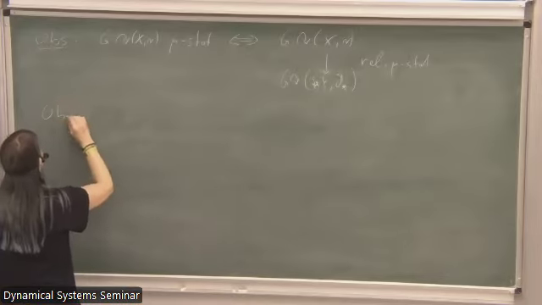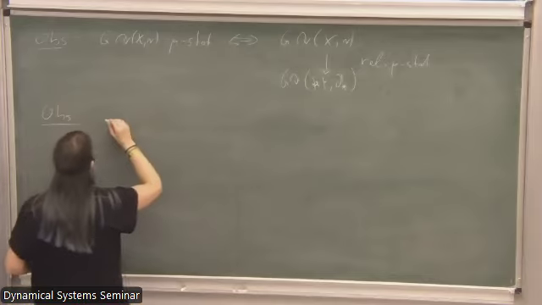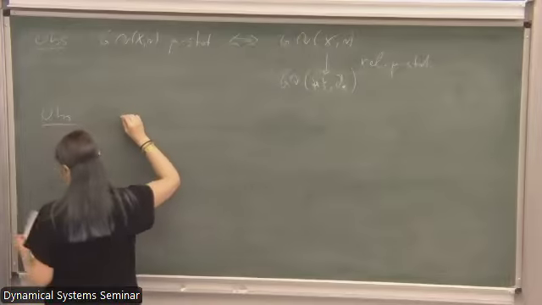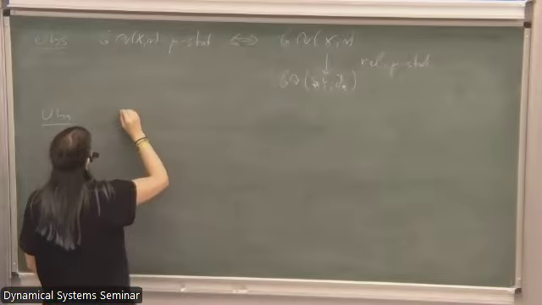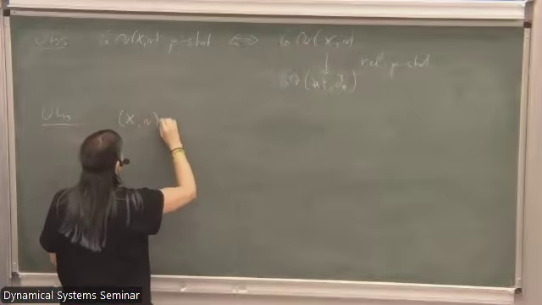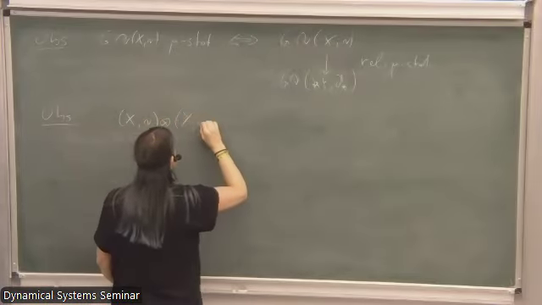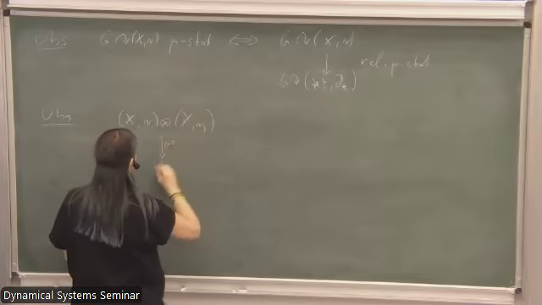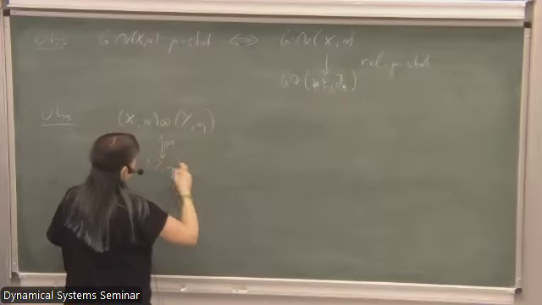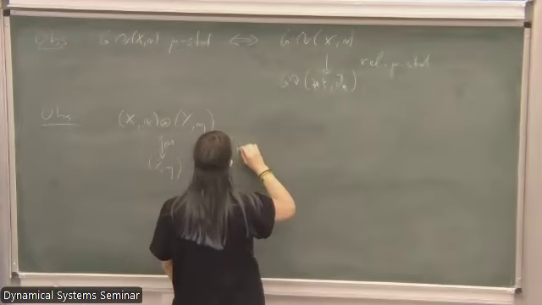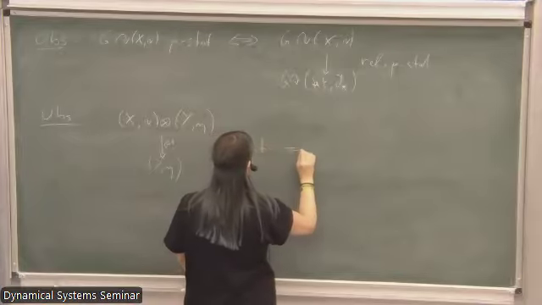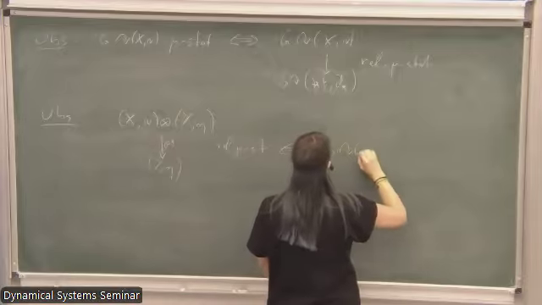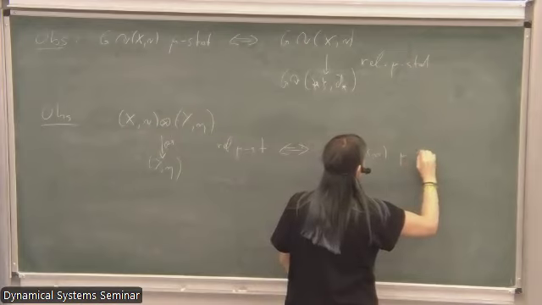So maybe also observe, what would be something easy where we see the stationarity? If we have a diagonal action on a product of two spaces, and this factor map down is just a projection, then this will be relatively mu stationary if and only if G acting here on X and nu is mu stationary in the usual sense.